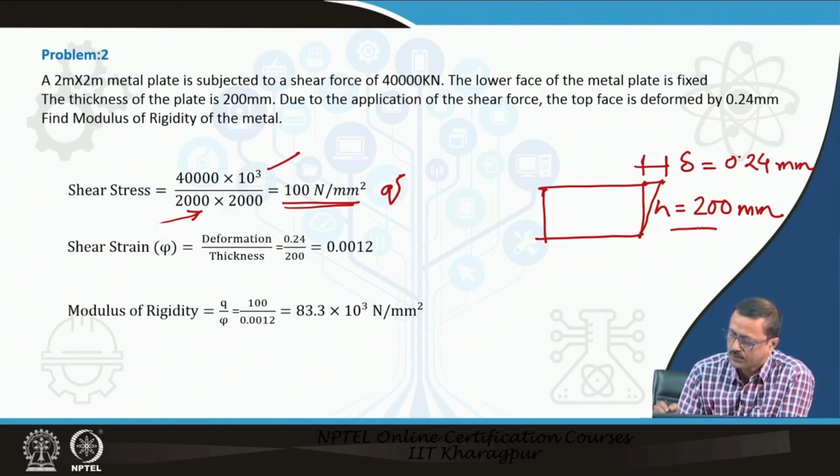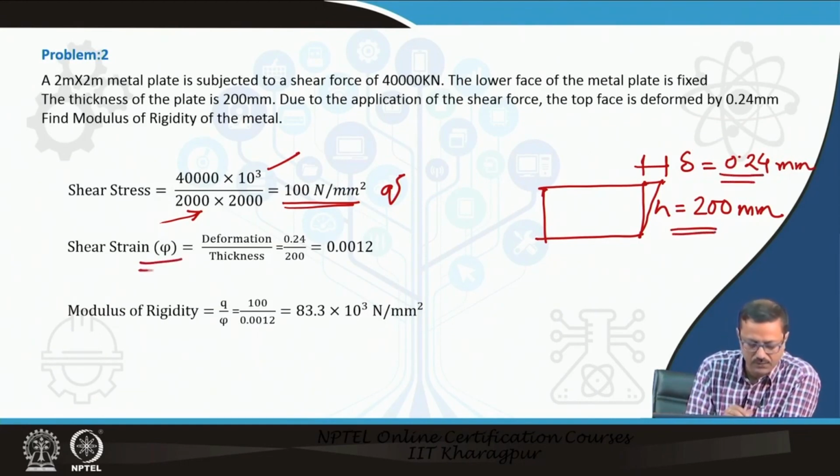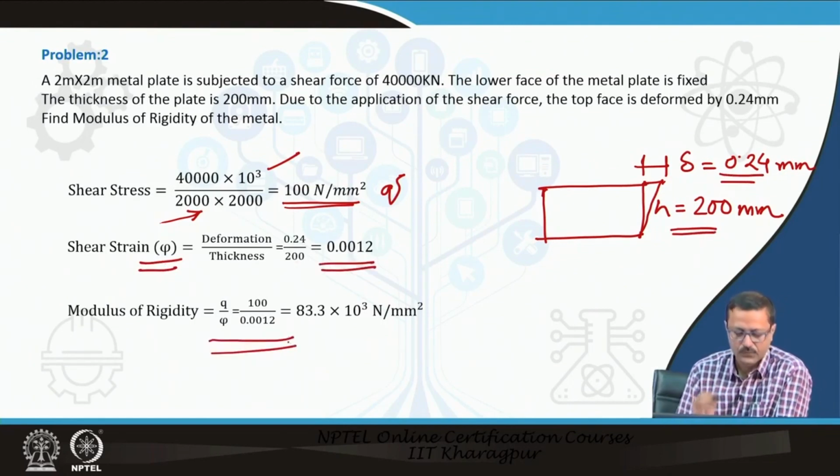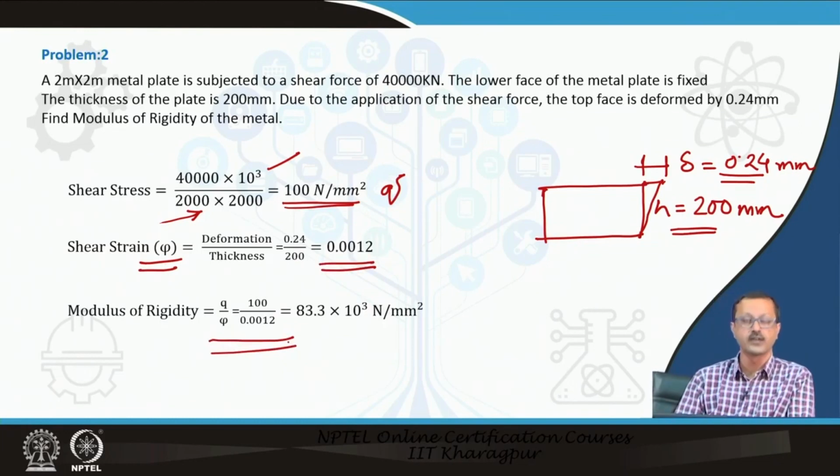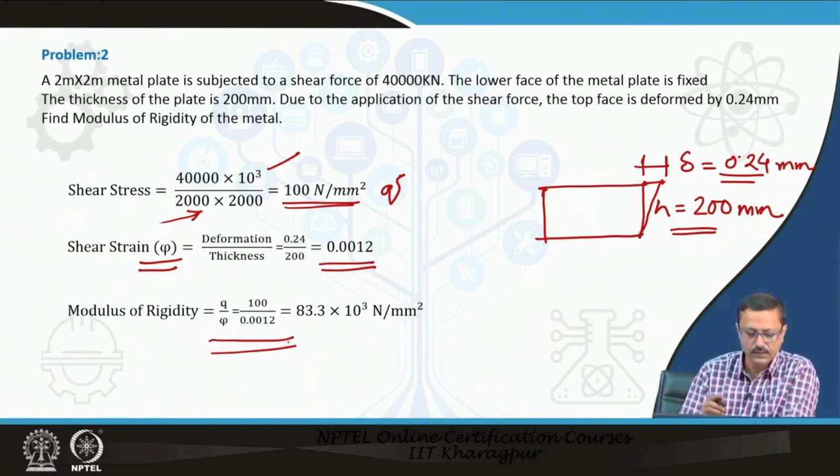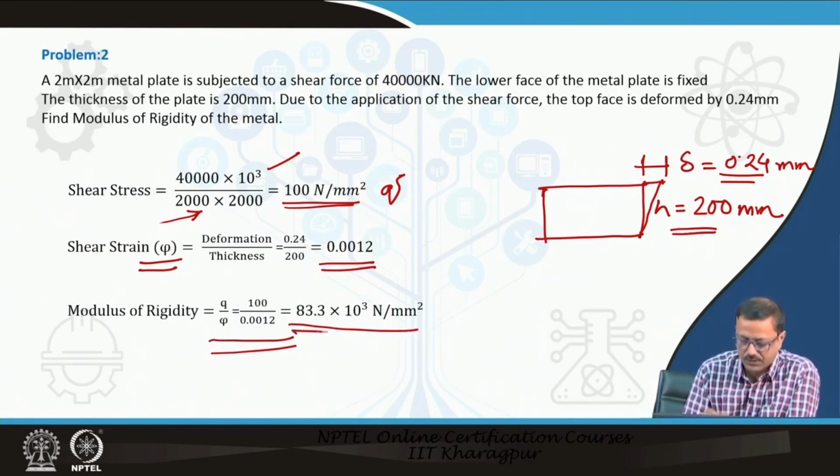So, by these two I can find out the shear strain, that is phi. Now we can make the ratio of Q by phi, and we can find out that the rigidity modulus is this much.